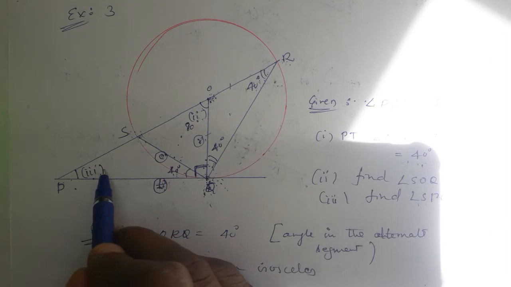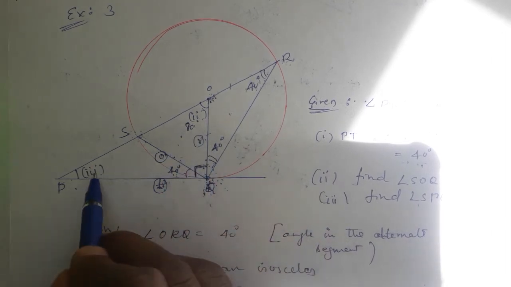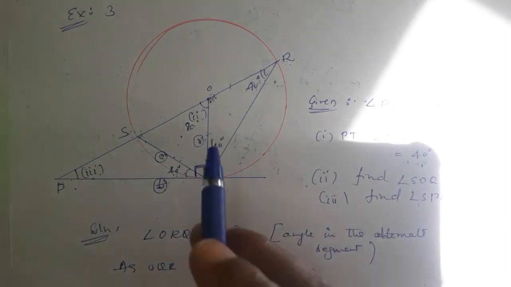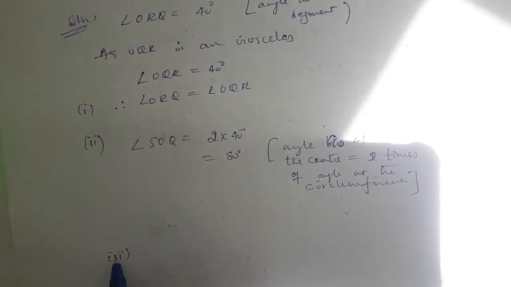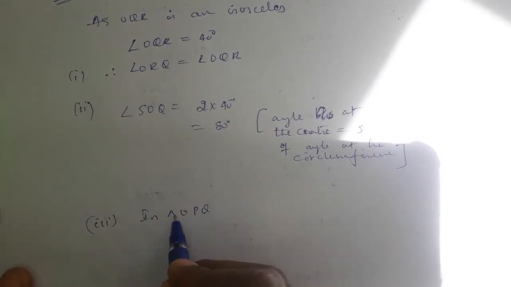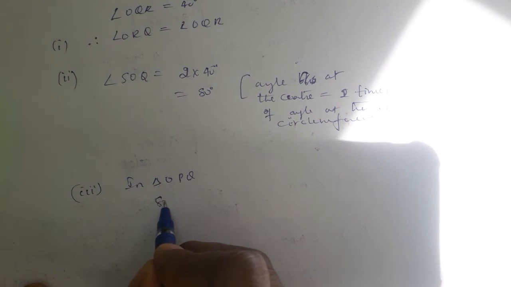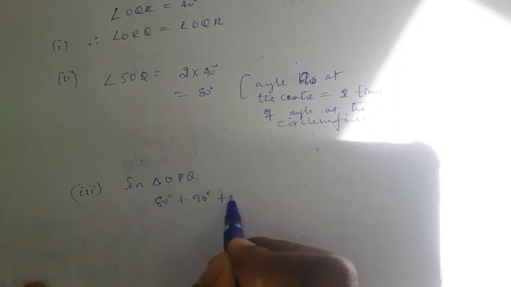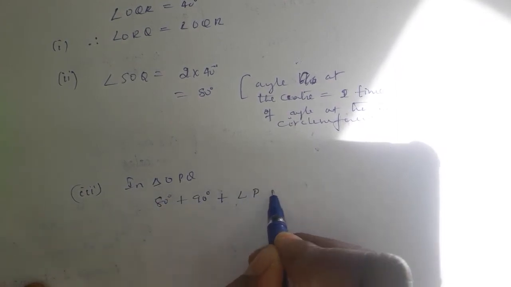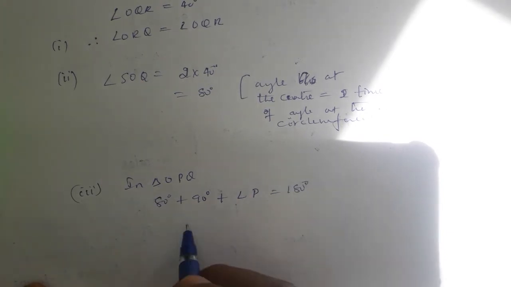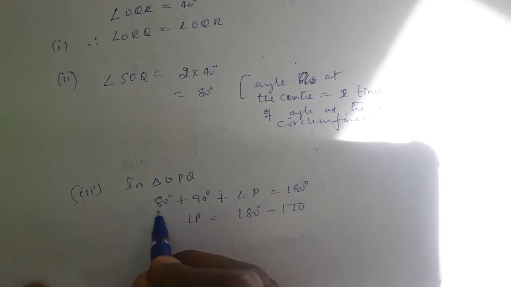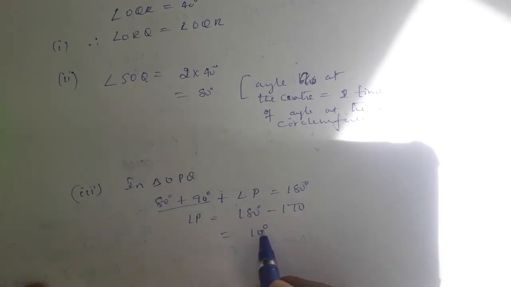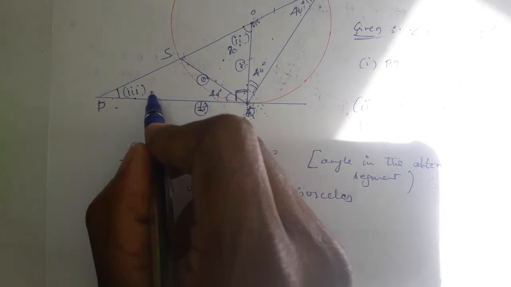We can use the angle sum property: 80 plus 90 plus the unknown, all three equal to 180 degrees. So in triangle OPQ, 80 degrees plus 90 degrees plus angle P is equal to 180 degrees. Angle P equals 180 minus 170, these two added, 170, equal to 10 degrees. Therefore, this is 10 degrees.